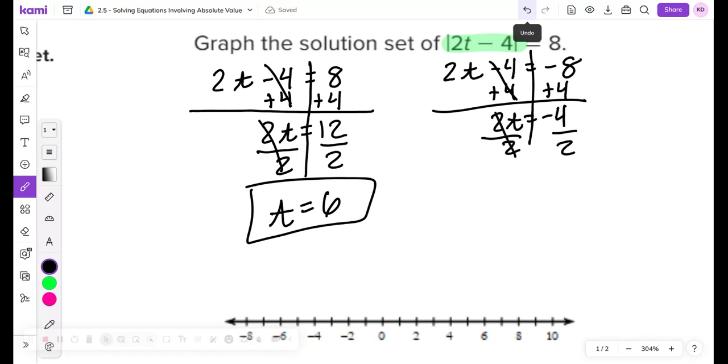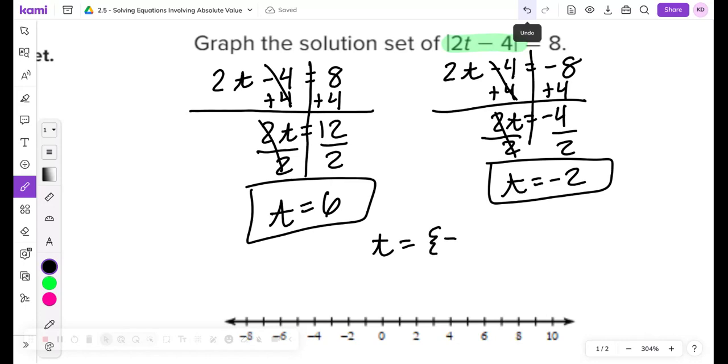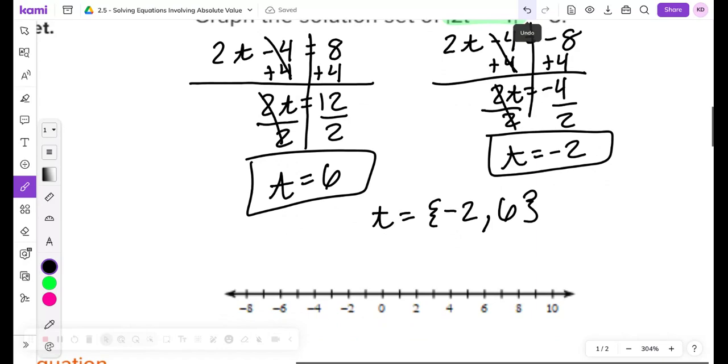Divide by 2. t equals -2. So my solution set, t equals the set of numbers -2, 6. Notice I always put the smaller number first and the larger number second. If I'm putting this on my number line, I'm just going to say -2 and +6. That's it.